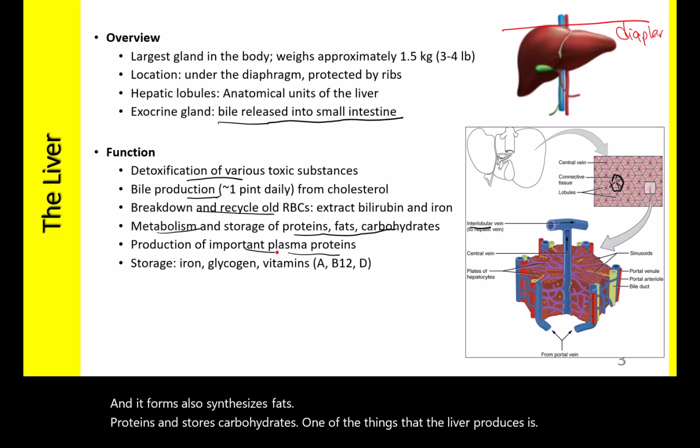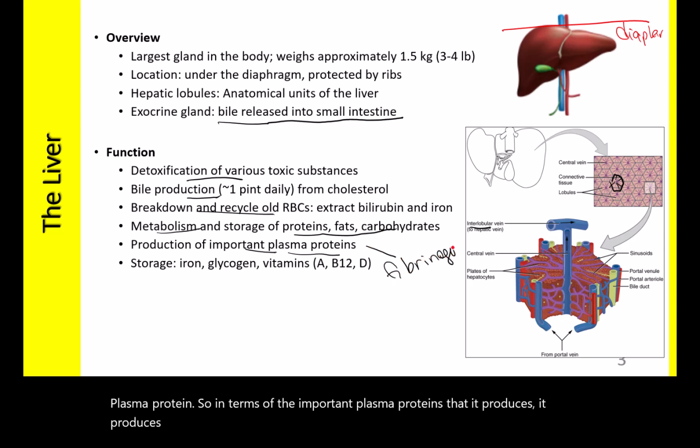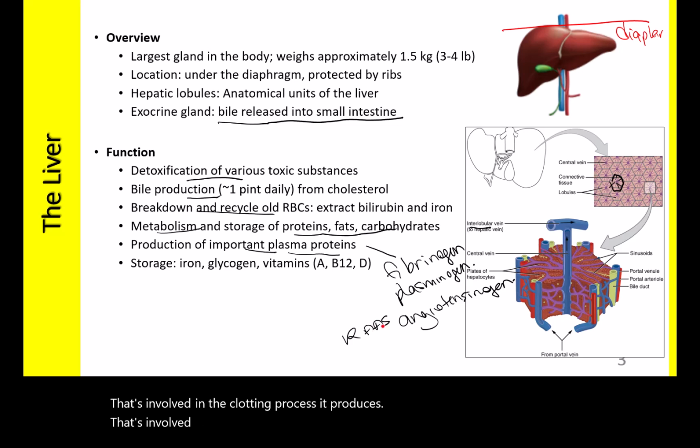In terms of the important plasma proteins that it produces: fibrinogen and plasminogen, which are involved in the clotting process. It produces angiotensinogen, which is involved in the renin-angiotensin-aldosterone system.